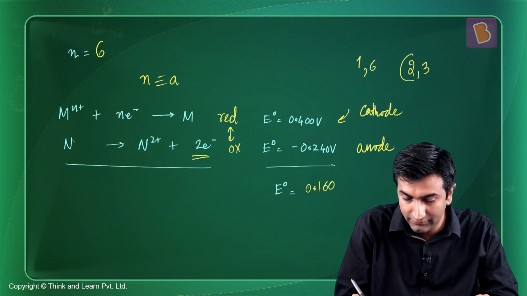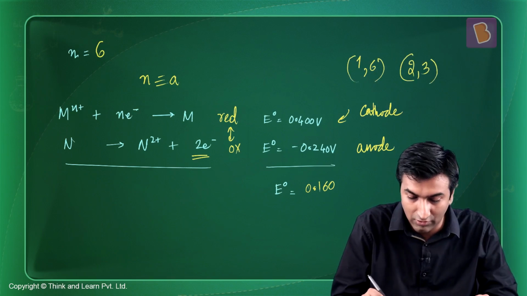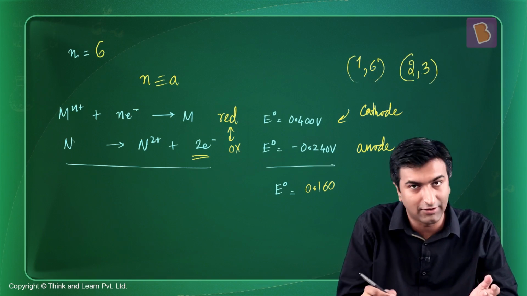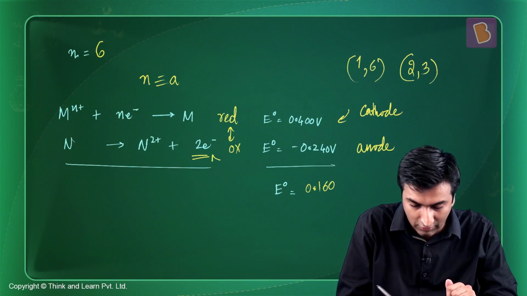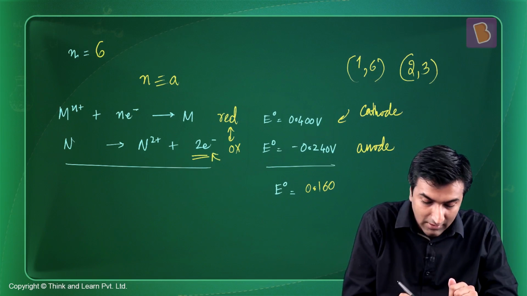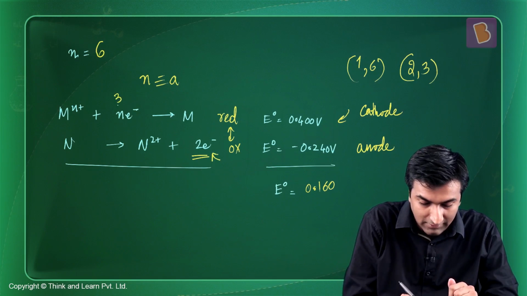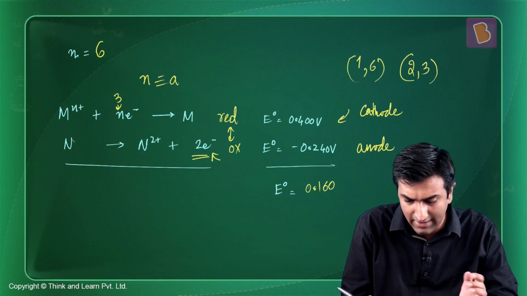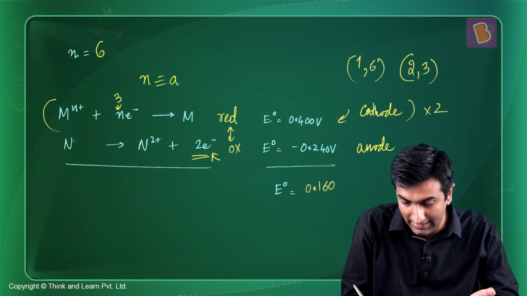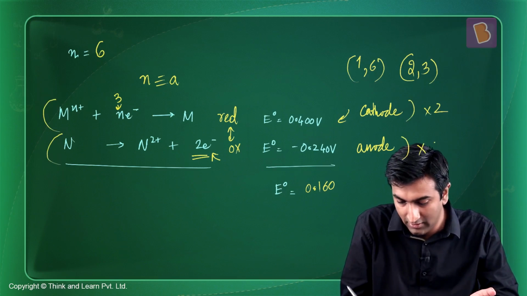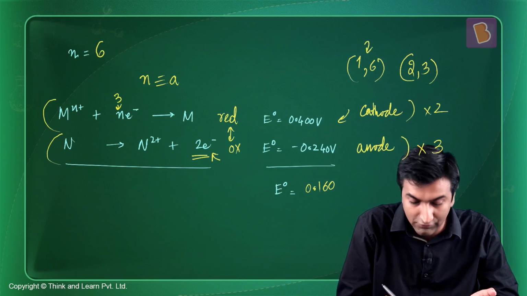Only these two combinations would give me a total of 6 electrons. But since this is already fixed at 2 electrons, this n value has to be 3. Only then do you get 6 electrons. What that would mean is you would multiply this entire equation with 2 and this entire equation with 3. The 6 and 1 thing doesn't work out because this is already fixed at 2.